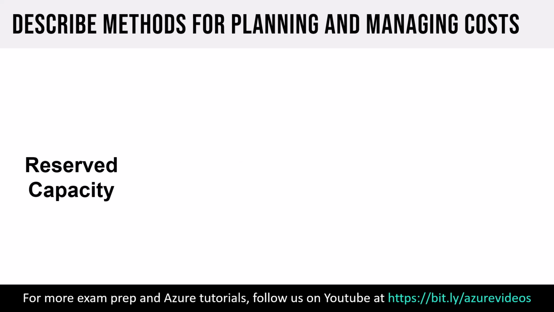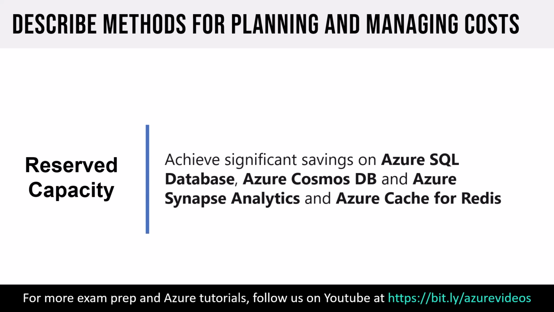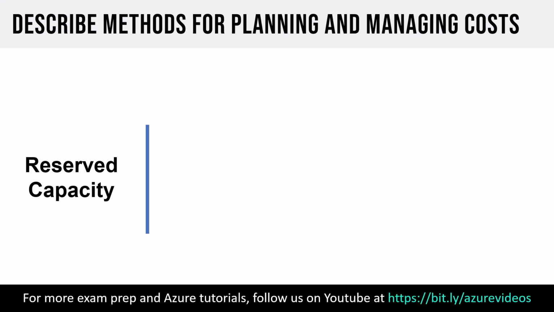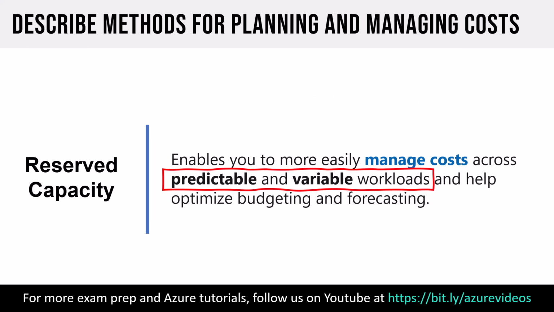And then we have reserved capacity, in which we can achieve significant savings on Azure SQL Database, Cosmos DB, Synapse Analytics, and Azure Cache for Redis. The discount is product specific, and notice that VMs aren't mentioned here. Basically, it enables us to more easily manage cost across both predictable and variable workloads and help optimize our budgeting and forecasting.